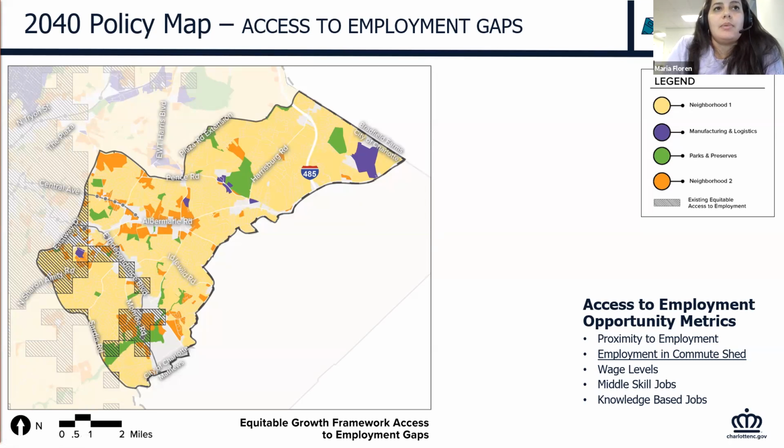The bullet points on this page are the metrics that were used to understand where the access currently is lacking. The place type mapping aims to provide opportunity for employment within a commute shed, so within 1.5 miles of every neighborhood, but not within every neighborhood. The items that aren't underlined can happen within any employment area, and therefore other tools outside of place types will be explored to address these gaps.